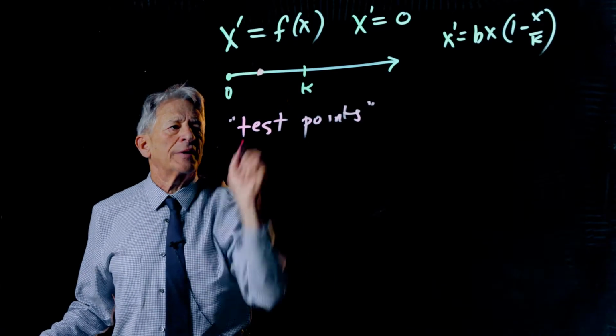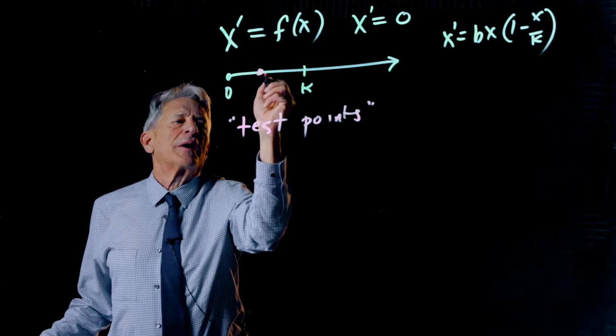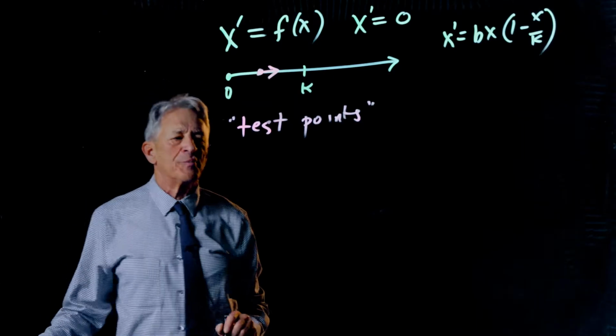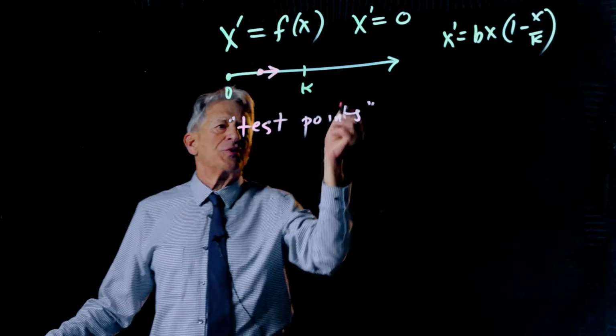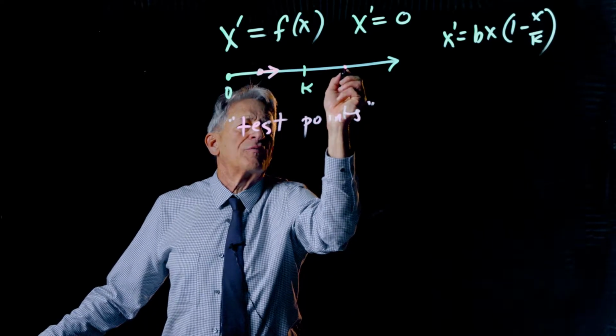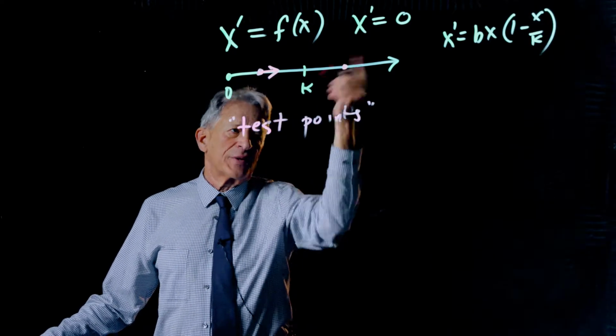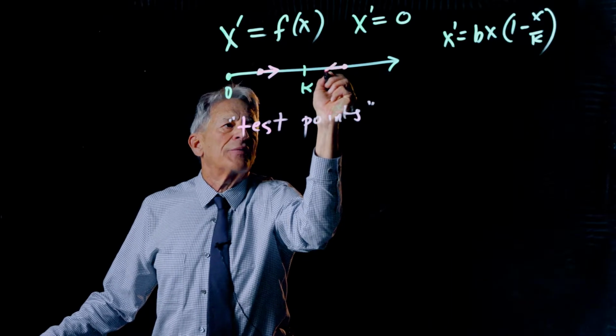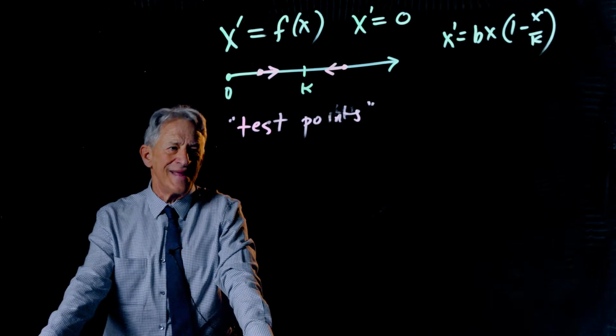Here's a test point, k over 2, and it turned out that the vector field was positive. Then we chose another test point over here, and let's say 2k, and it turned out that the vector field was negative.